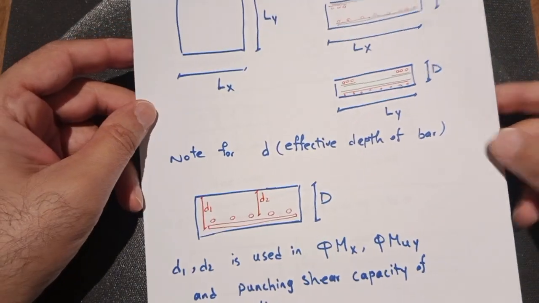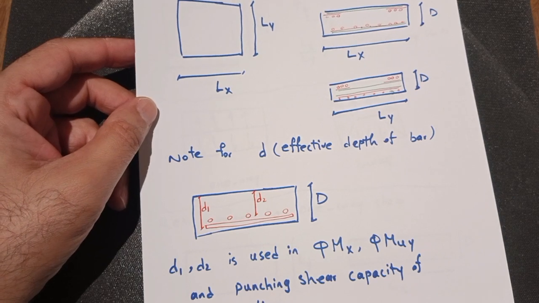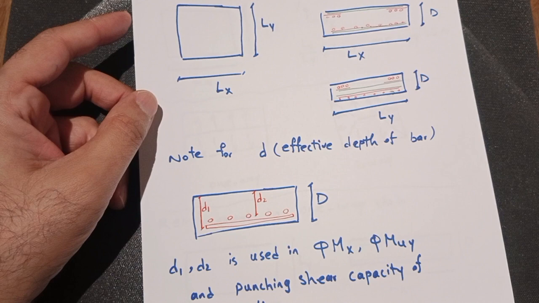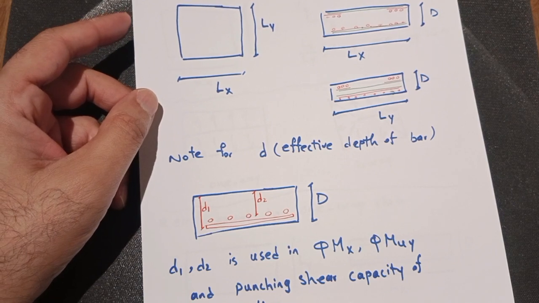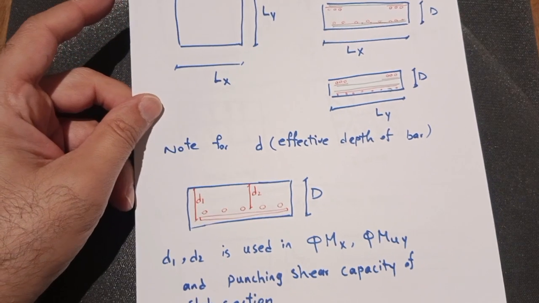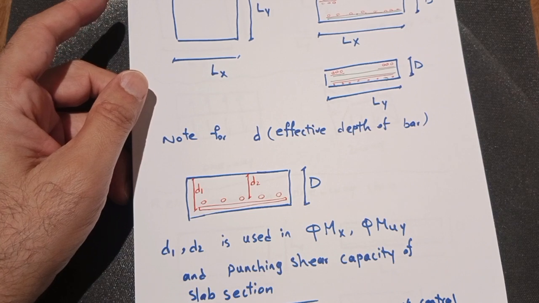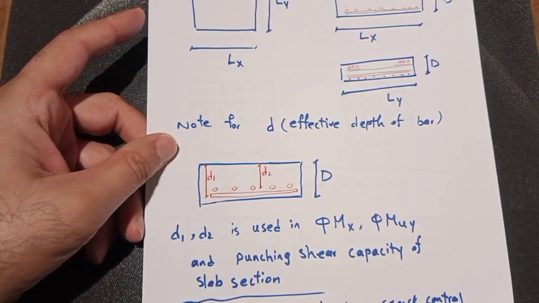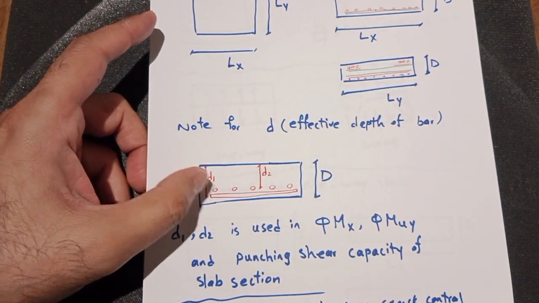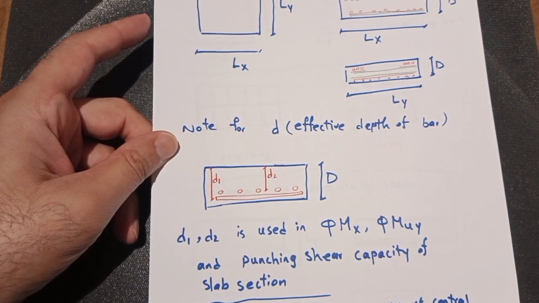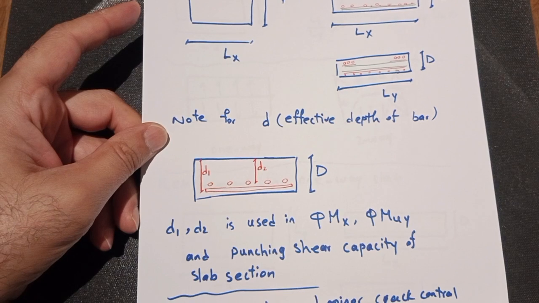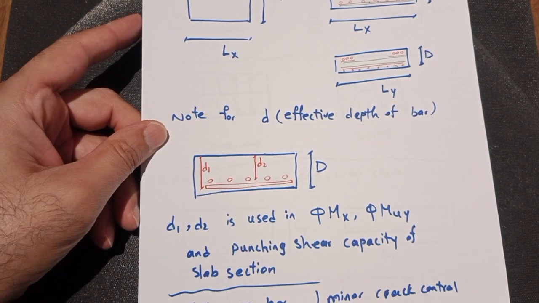You will have just one direction for strength and deflection control in one-way, and that is always the short direction, and for two-way slab you will check deflection, strength, and shrinkage in both directions. And just be careful that you will have primary and secondary directions that will change your effective depth for reinforcement, and that will change the value of bending capacity.